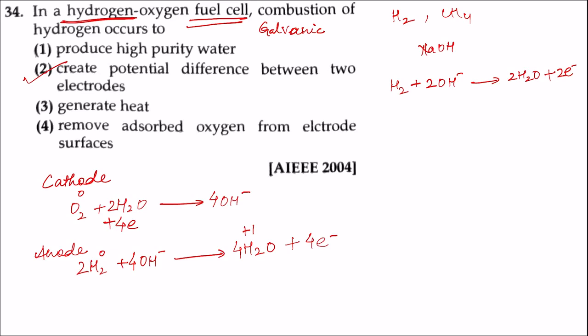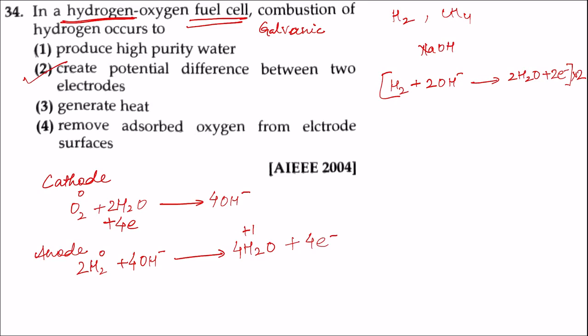But in the reaction at the cathode, the number of electrons on the reactant side is 4. So in order to add these reduction and oxidation reactions, the number of electrons have to be the same. So multiplying this whole equation by 2, the final equation is 2H2 plus 4OH minus forming 4H2O plus 4 electrons.